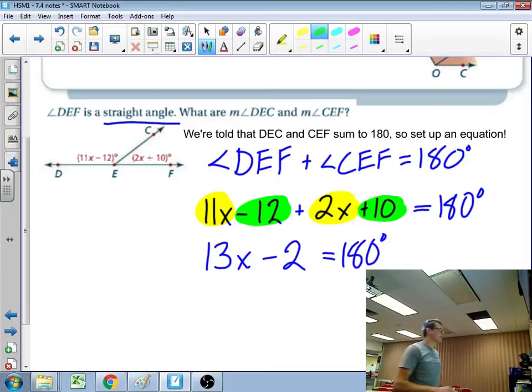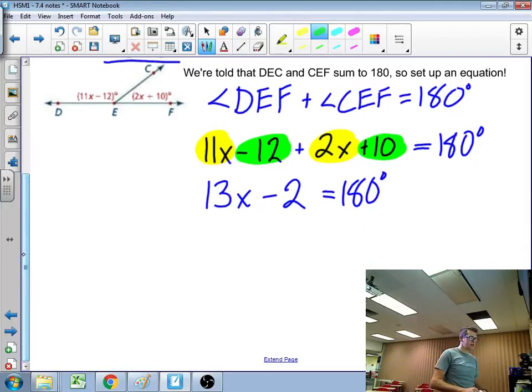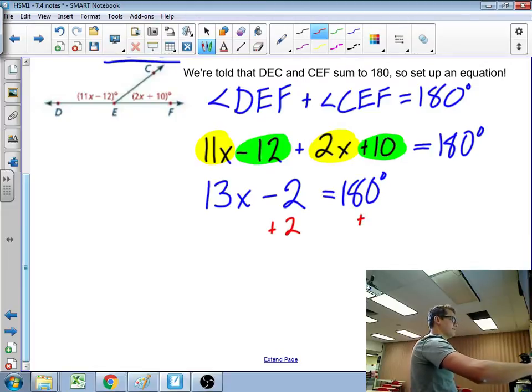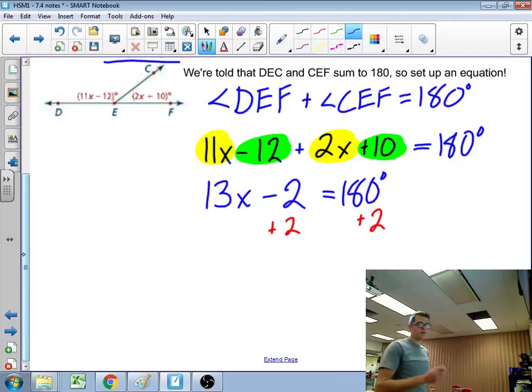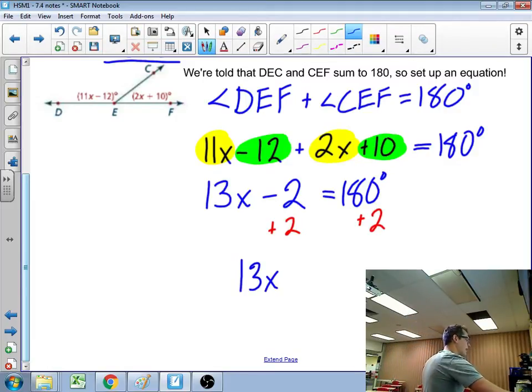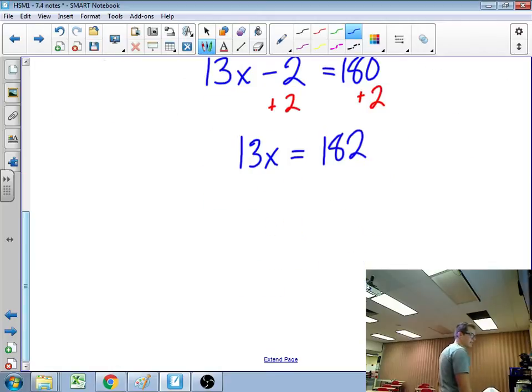Now we all know how to solve our equations, or at least hopefully know how to solve our equations. So I'm going to add 2 to both sides, to get rid of the constant value first. Always leave your variable value, deal with that last. So 13x now equals 182. And to get rid of the fact that that 13 multiplies, we're going to have to divide.